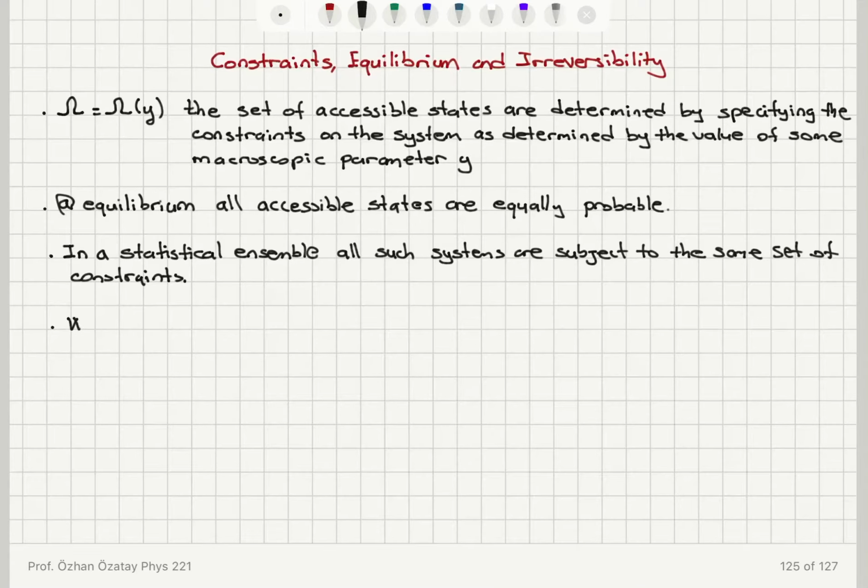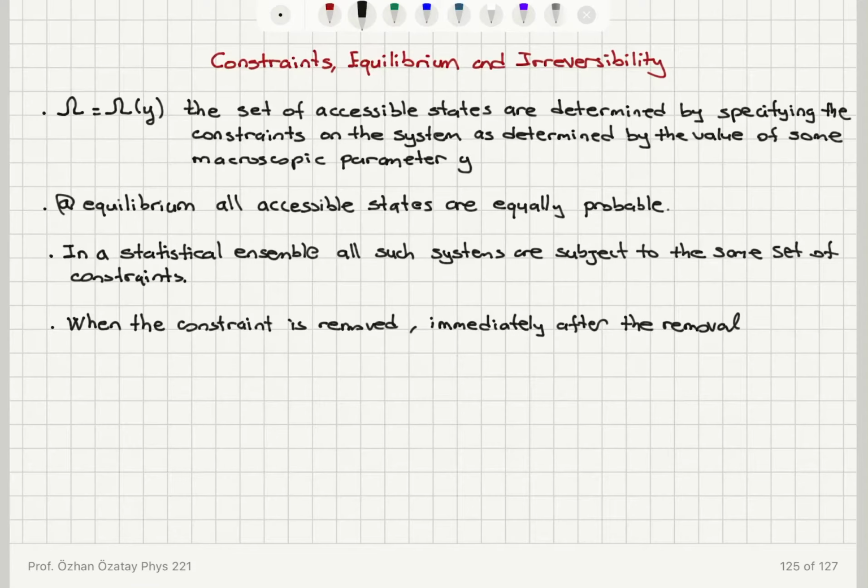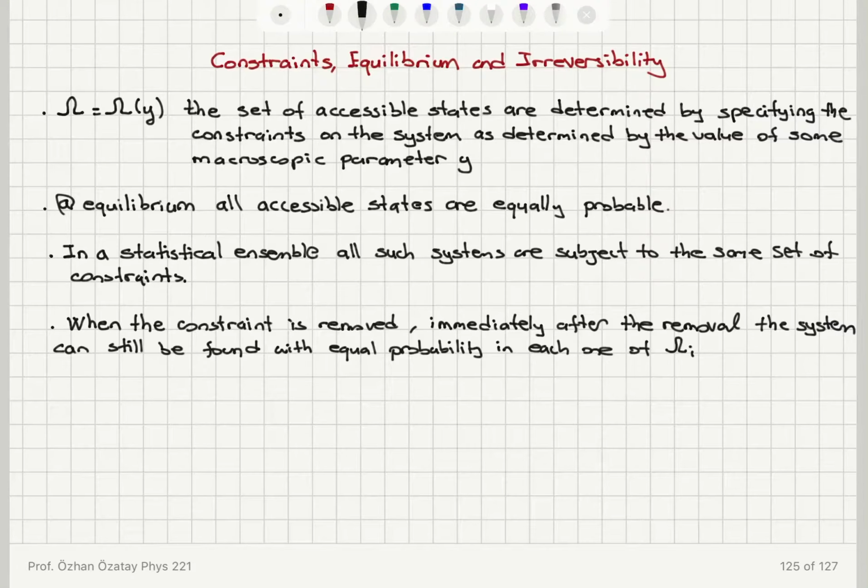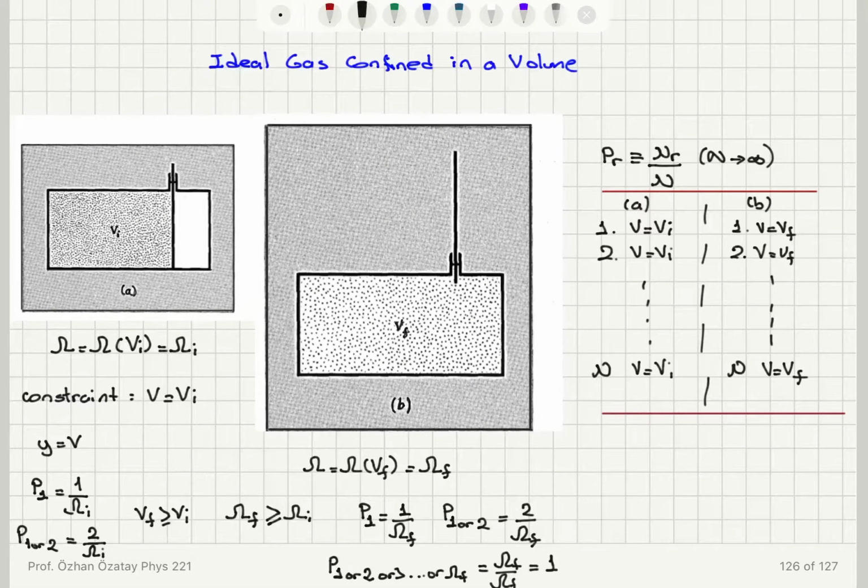Okay, so when the constraint is removed, we will have immediately after the removal, the system can still be found with equal probability in each one of its initial accessible states.